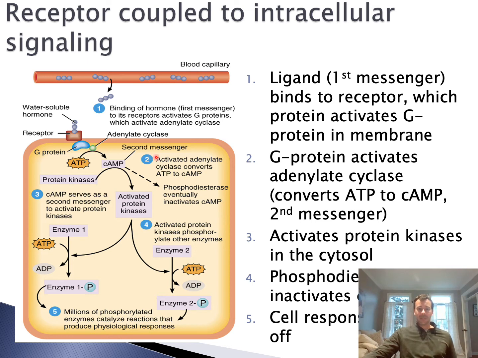In the second step, shown here, the G protein activates adenylate cyclase, which converts ATP to cyclic AMP, shown here, and so the cyclic AMP would be your second messenger. This second messenger continues down the cascade to activate protein kinases in the cytosol here. And then in the fourth step, phosphodiesterase inactivates cyclic AMP, turning that cell response off.